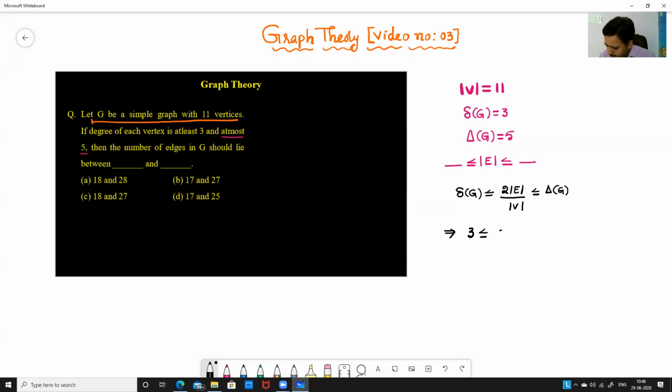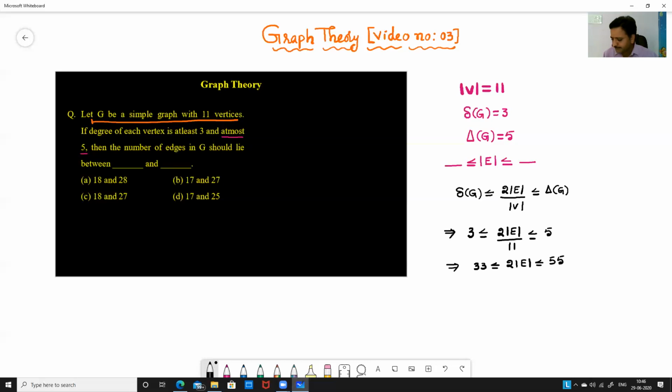Now substitute all these values, which implies that small delta of G, which is 3, is less than or equal to 2 times the number of edges, since here we want to find the number of edges, divided by the number of vertices, which is 11, less than or equal to 5. By multiplying the total inequality by 11, we get 33 is less than or equal to 2 times the number of edges, less than or equal to 55.